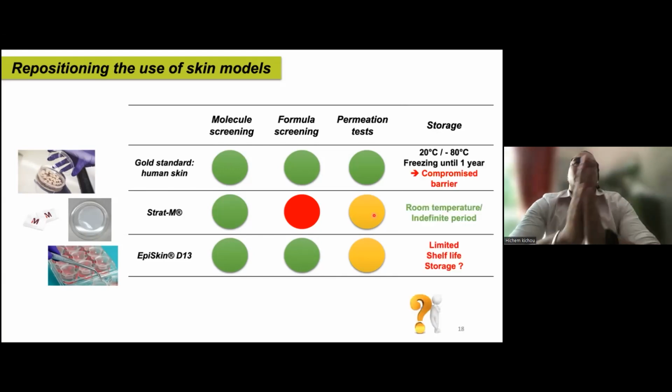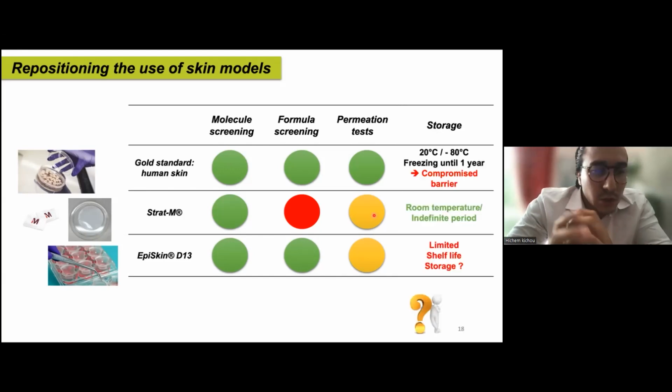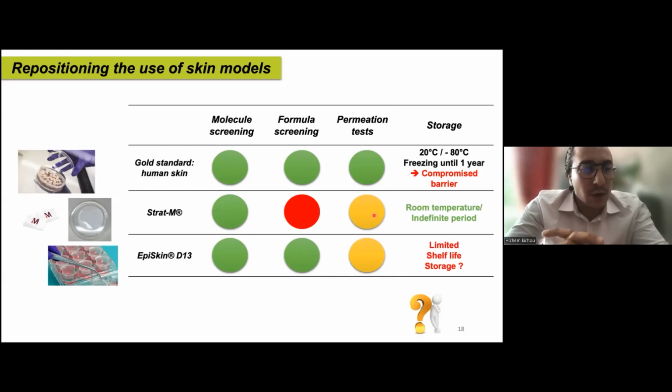However, questions remain about the storage conditions of these models, particularly when multiple in vitro permeation tests need to be performed with different molecules, concentrations, and formulations. So in the literature, freezing human skin is a well-established method allowing storage for up to 1 year with a compromised barrier function, even with the use of cryopreservatives.